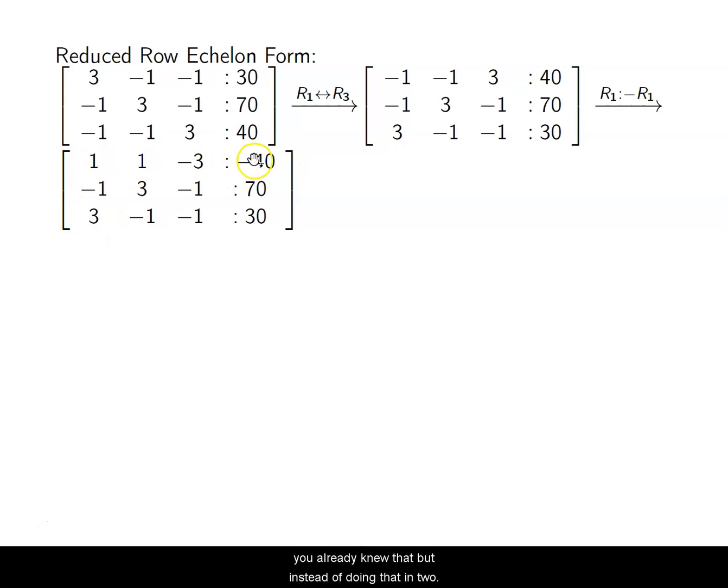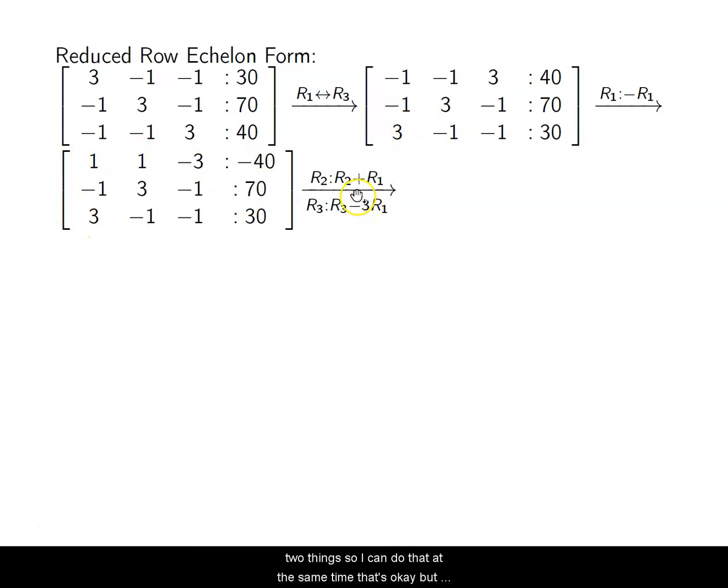Okay, so I'm sure you already knew that, but instead of doing that in 2 separate steps, I can do that all at once, because I'm changing this row with R1 and I'm changing this row with R1. I am not changing this row and then trying to change this row by using this row. Okay, so I'm using just one fixed row to do 2 things.